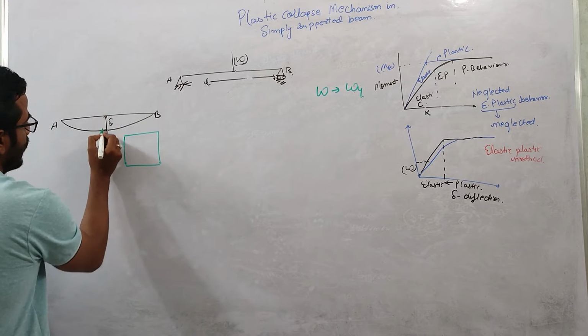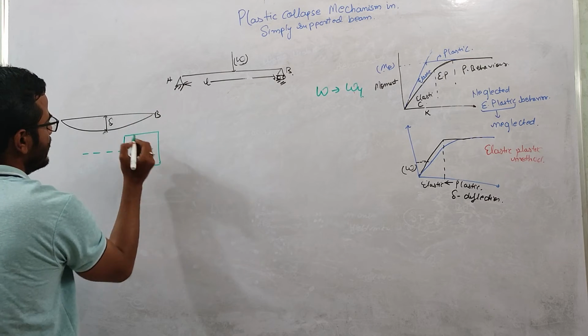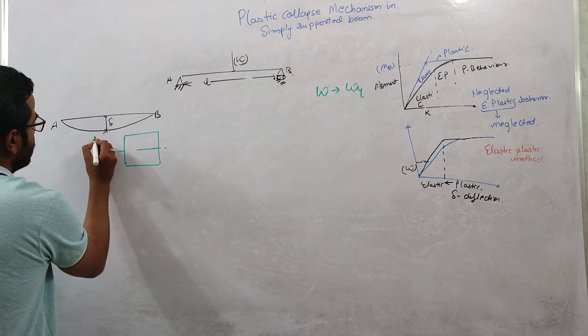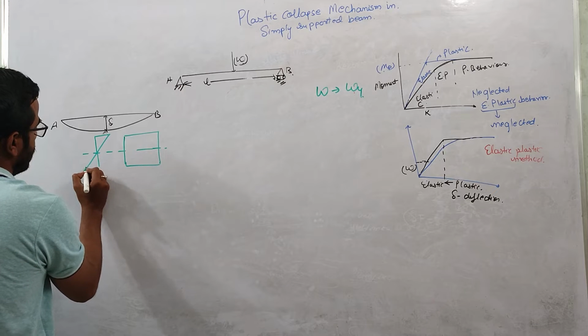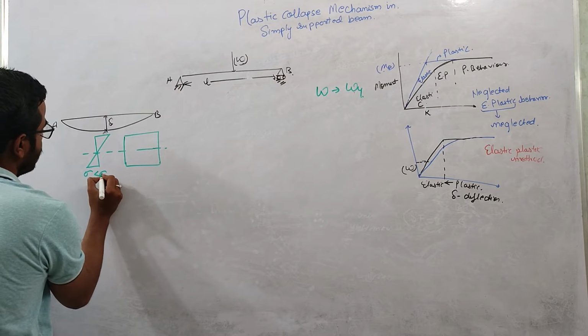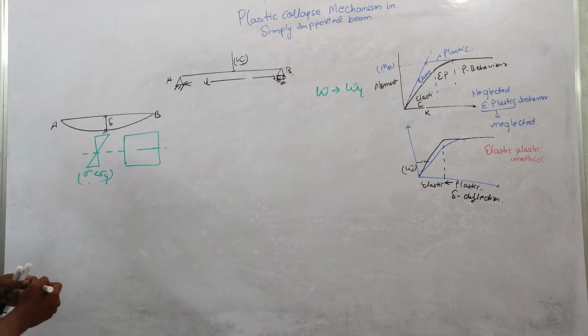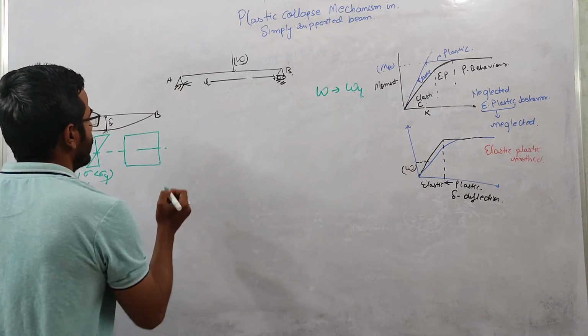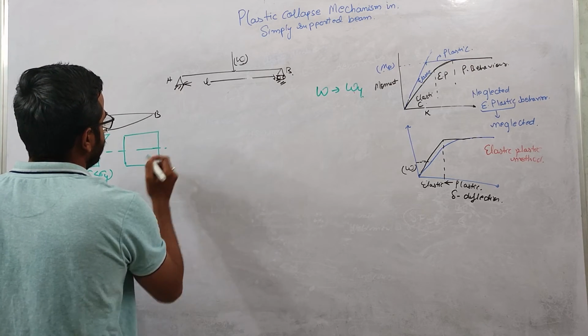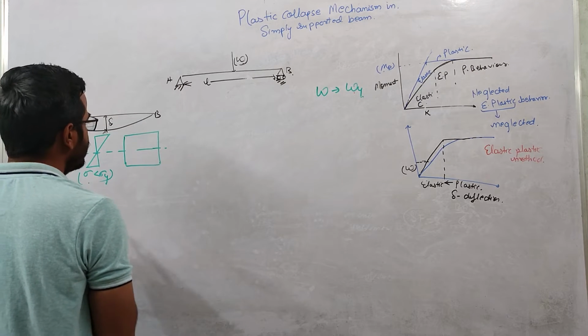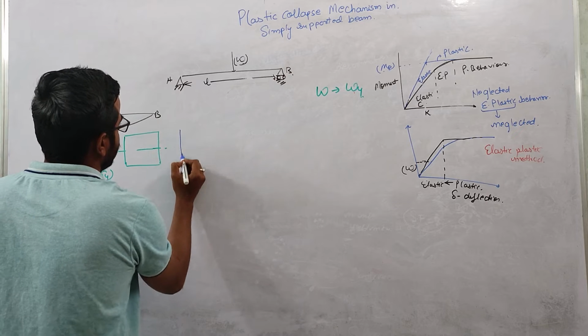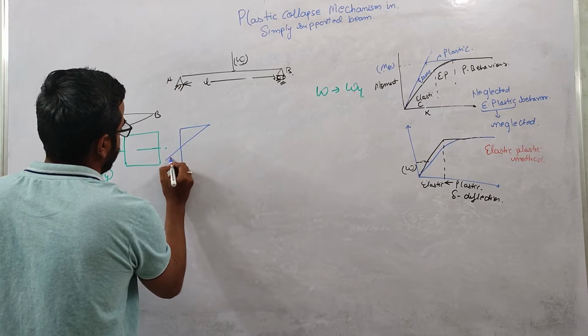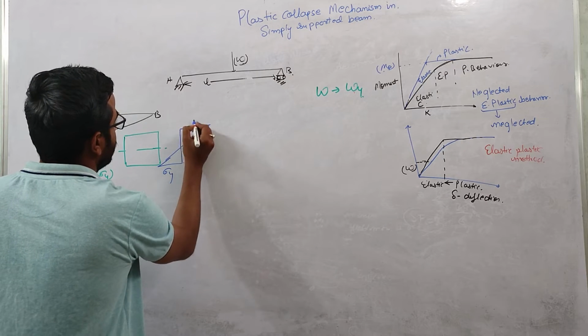Corresponding to this W, initially the stress diagram will look like this, and here the sigma is less than sigma y, the yield stress. Now if you increase W to Wy, this yield load, then the stress diagram at this cross section will look like this. This is sigma y, this is sigma y.